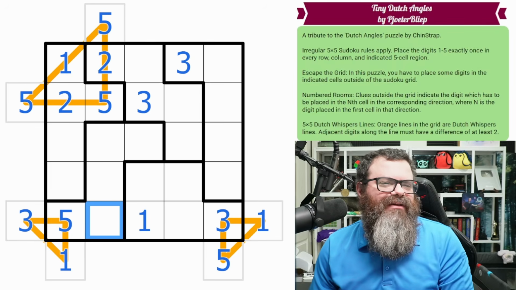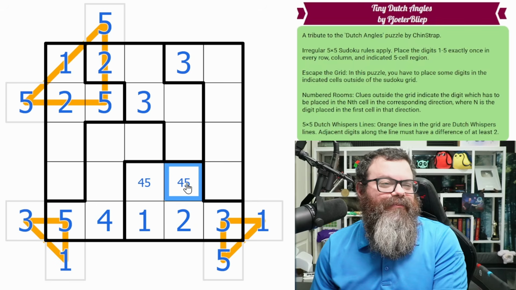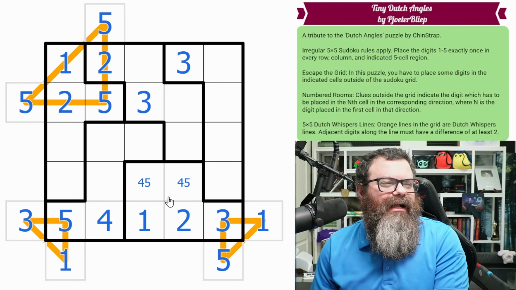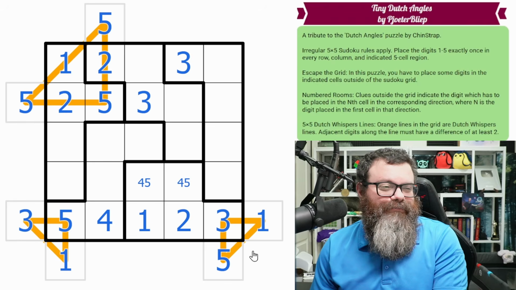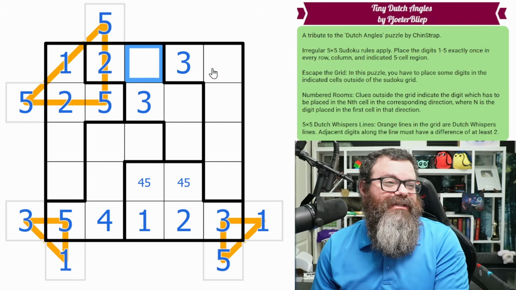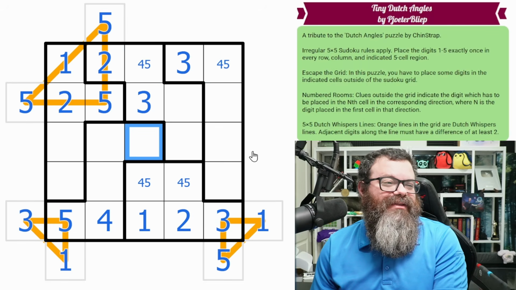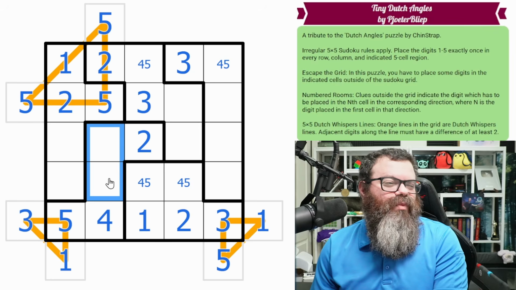Okay, this 2 looks down, placing the 4 and the 2 here. This is a 4-5 pair. I mean, we did the Dutch whispers, we did the numbered rooms. So it should just be Sudoku from here, which is interesting. This is a 4-5 pair as well. So this has to be the 2 for the column. This is a 1-3 pair.